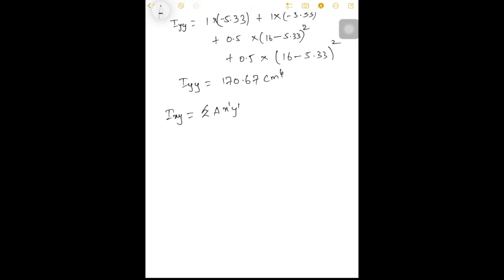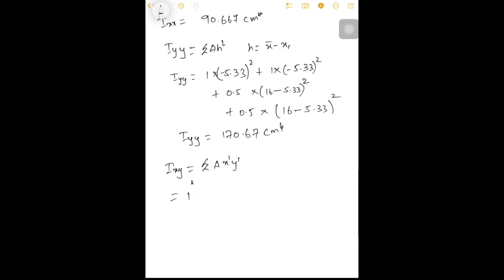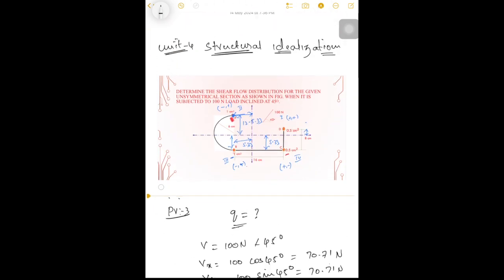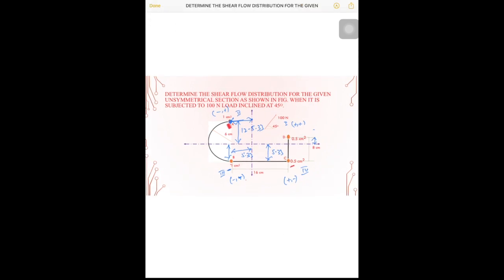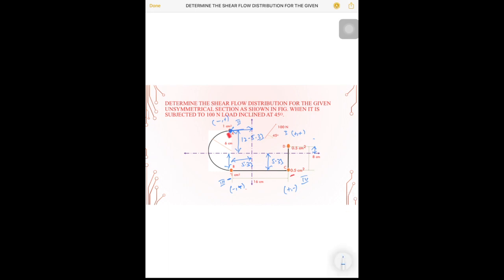Similarly, for Ixy, you will get Ixy is equal to summation of area into x dash y dash. Okay, so now for boom A, the area is 1. So x dash is this distance, and y dash is this distance.